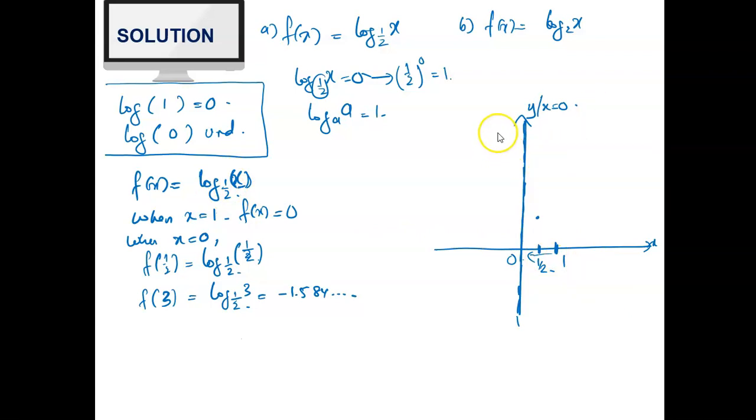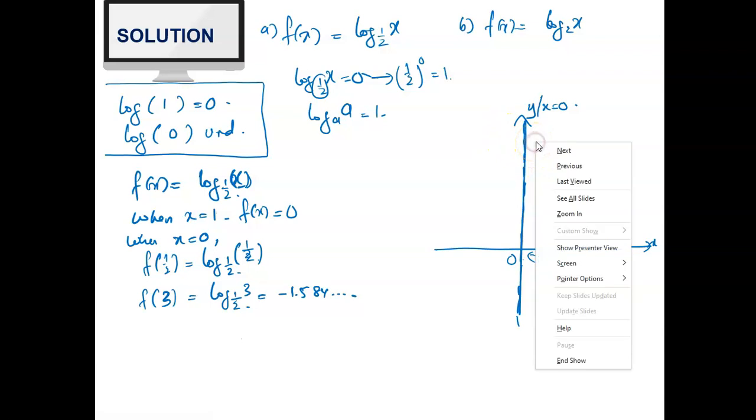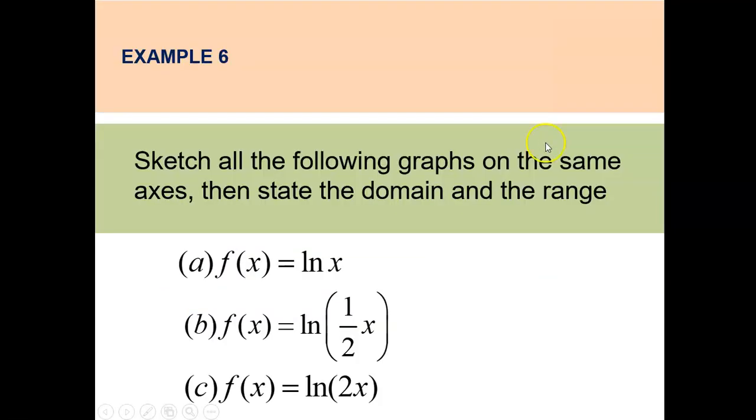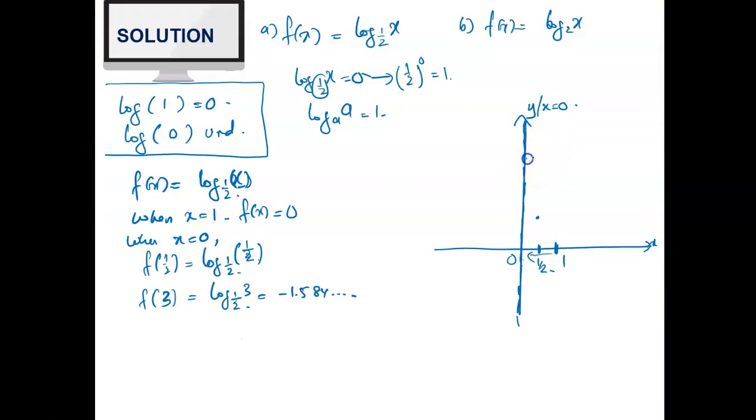In this case, the graph will be something like this. Okay, it cuts the line of x equal to 1 and slides down here, and this one moves up, getting close, approaching the line of y equal to 0.